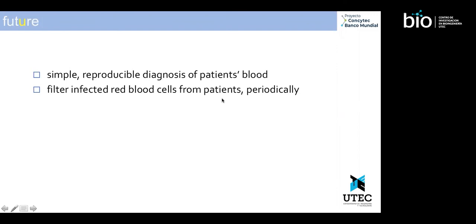As you see, we can do the filtering with the spiral, so we can separate out the infected and the non-infected red blood cells. This is the same principle as you see in a kidney dialysis machine, where you hook up a patient to a machine and clean the bodily fluids. In this case, we can do it also with the blood and clean out the blood.